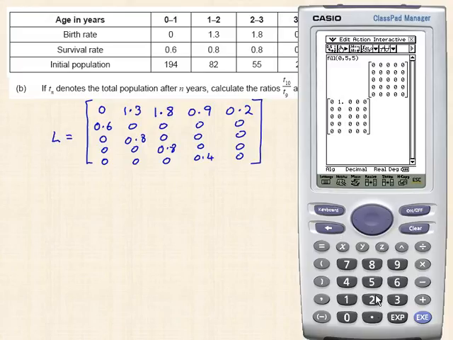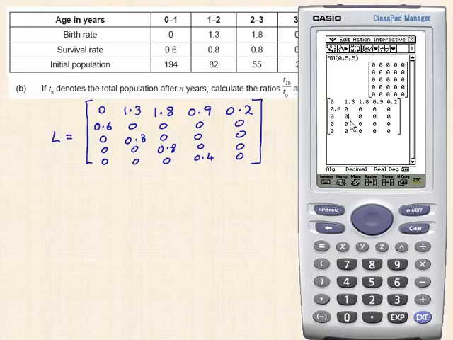So 1.3, the next one is 1.8, and then the next one 0.9 and 0.2, and then this value here is 0.6.